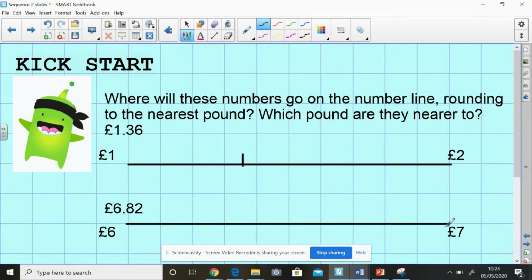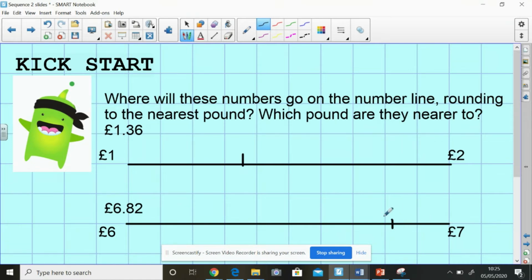So £6 and 82 pence, we go £6, 10, 20, 30, 40, 50, 60, 70, 80. And it's not exactly £6.80, it's £6.82, so it's just going to go about here maybe. Okay, so that's just an estimate. That's roughly where I think it's going to go.